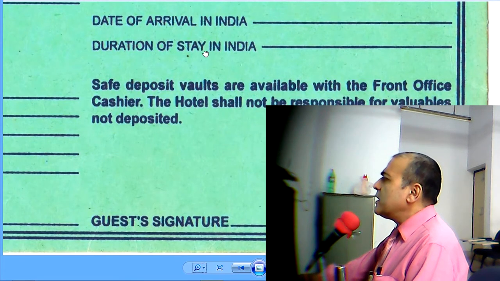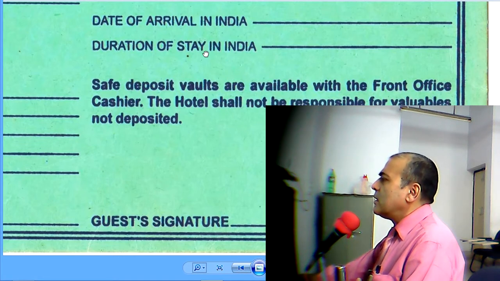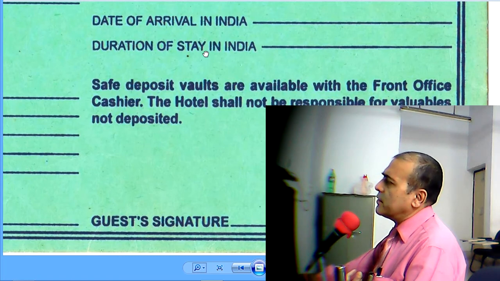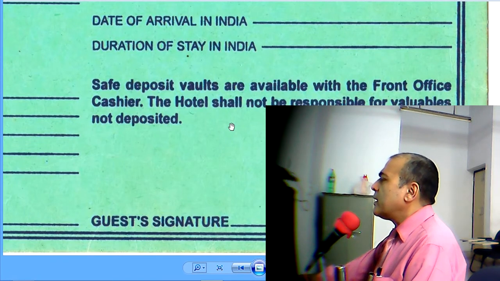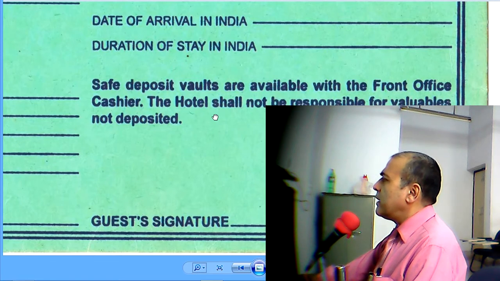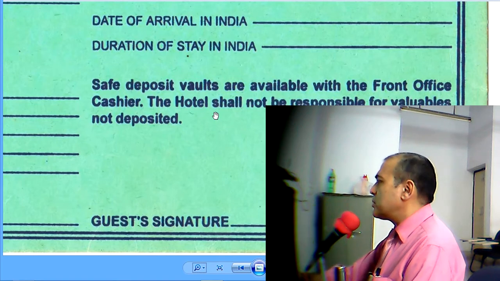Though legally it is not tenable, it is not sustainable. The law says that the hotel's responsibility includes the safety of guest life and guest belongings and valuables. But then we still mention it just to remind the guest, and in fact, maybe we can put some pressure on the guest to act more responsibly.